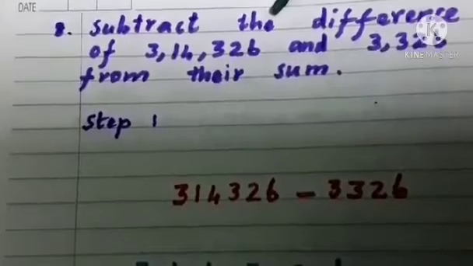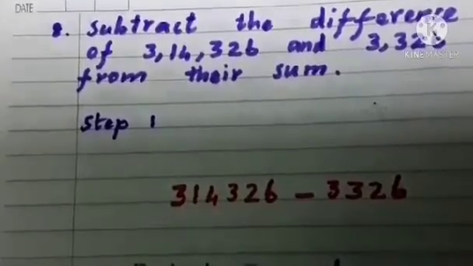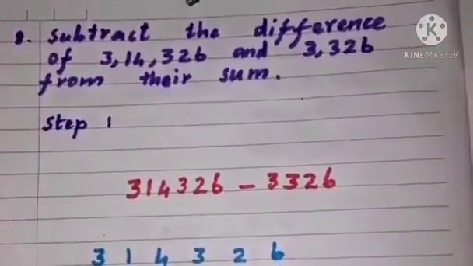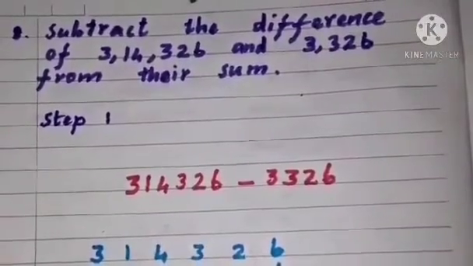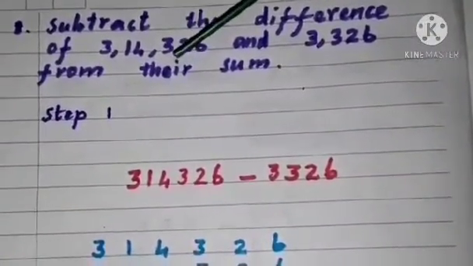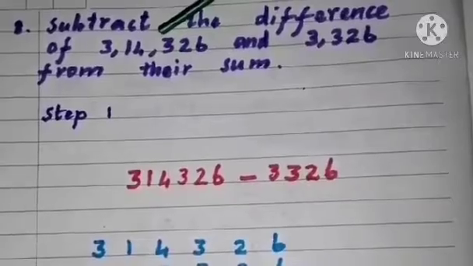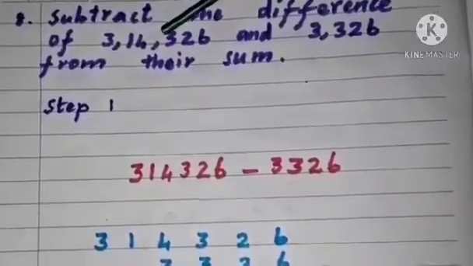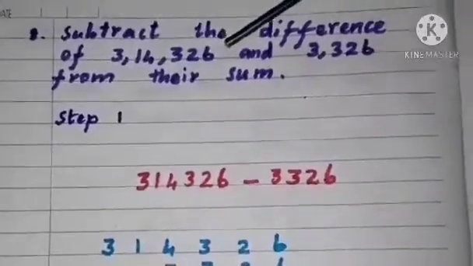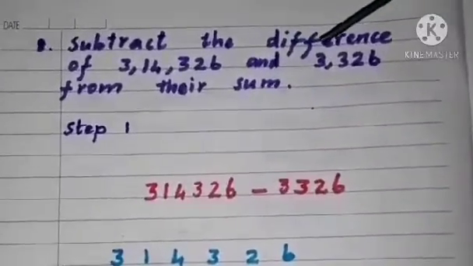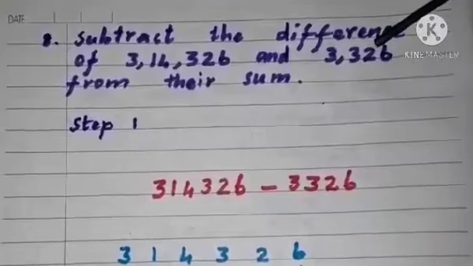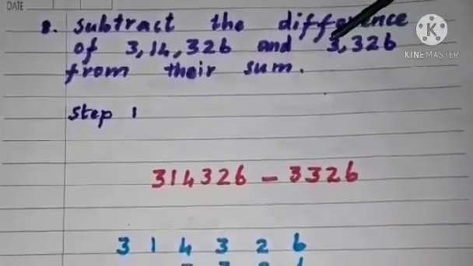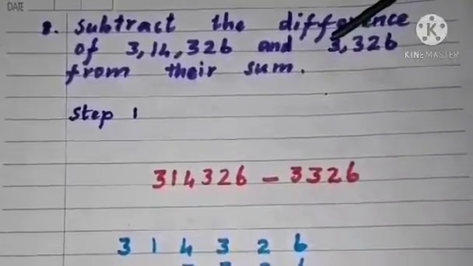Afterwards, we have to do the sum. In this question, what is given to us? Here we have two values, that is 3,14,326 and 3,326.